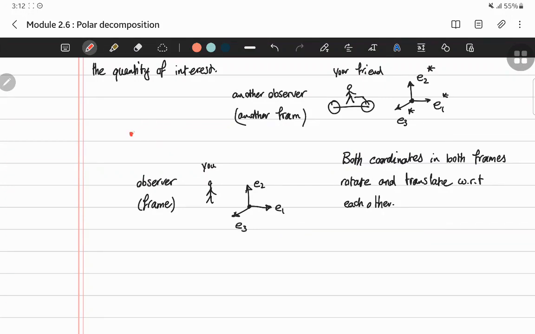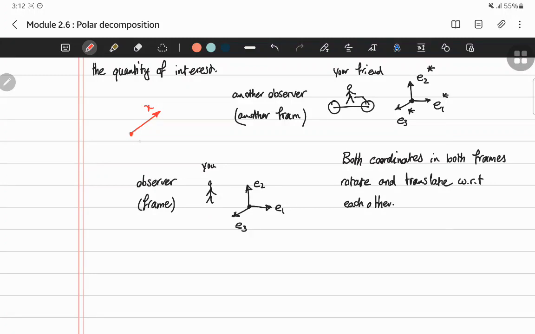However, if you have a position vector here, x for example, you see this vector from your frame's point of view, and your friend sees this from his point of view. Therefore, this vector x is dependent on your point of view, on your frame.